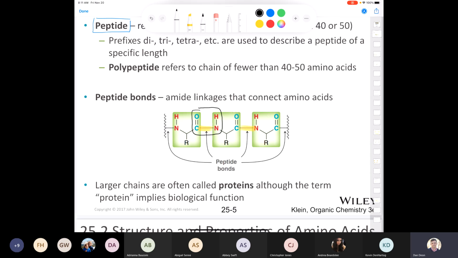Larger chains are often called proteins, though the term protein implies biological function. So the word protein, I think, means something like of first importance. But just because you have a long chain of amino acids linked together doesn't necessarily mean it's going to have a biological function. And you can actually destroy the biological function of a protein.